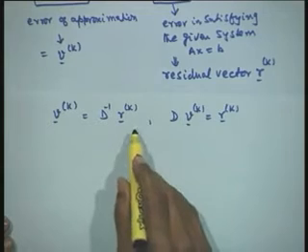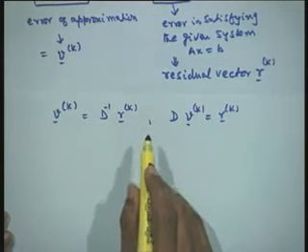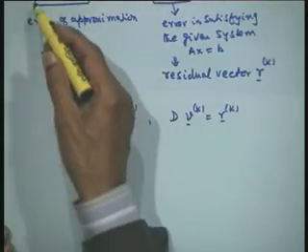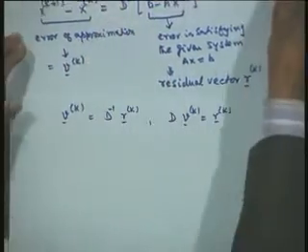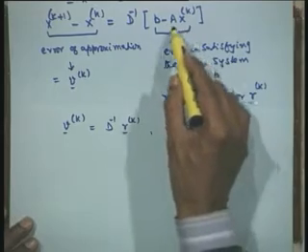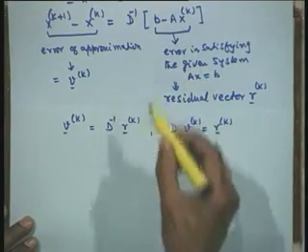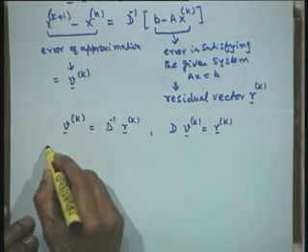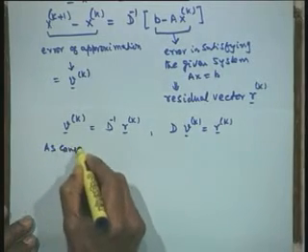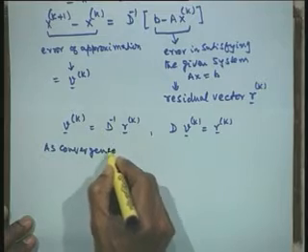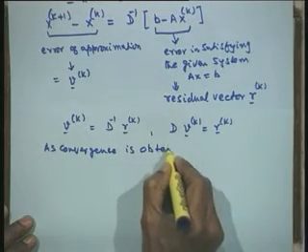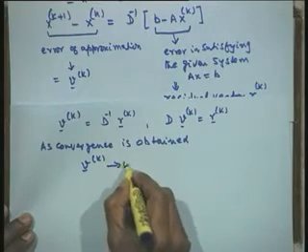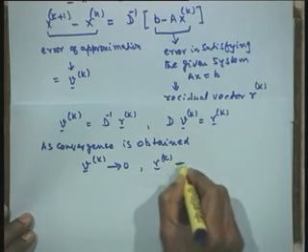Now, I would prefer this particular system to be solved computationally, because as convergence is achieved, x k plus 1 tends to x k, and A x k also tends to b. That means, v k tends to 0 and r k also tends to 0. Therefore, as convergence is obtained, v k tends to 0, r k tends to 0.